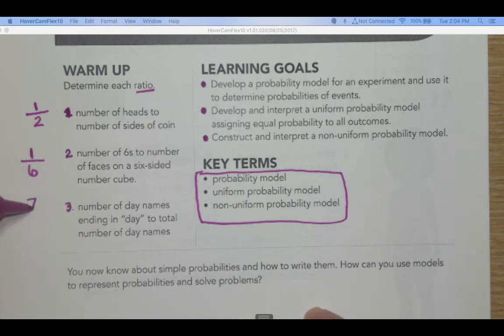So 7 out of 7 days of the week. And so this has a probability of 100%, and this is a 50-50 equally likely scenario. And this is not. All right, so that is our first page of Lesson 2.